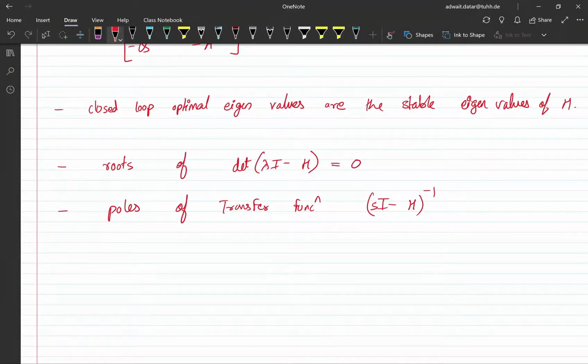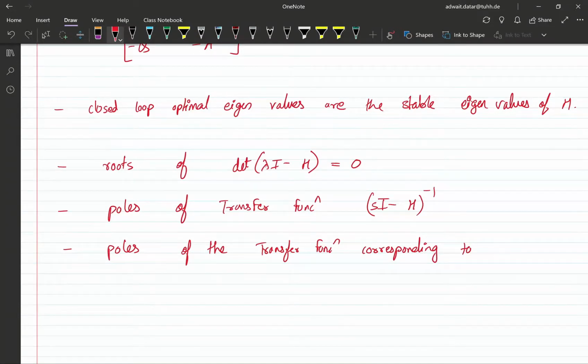So this is nothing but again the poles of the transfer function corresponding to the system x dot, or let's call it z dot, equal to Hz.